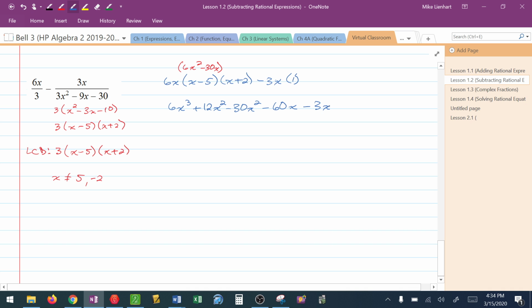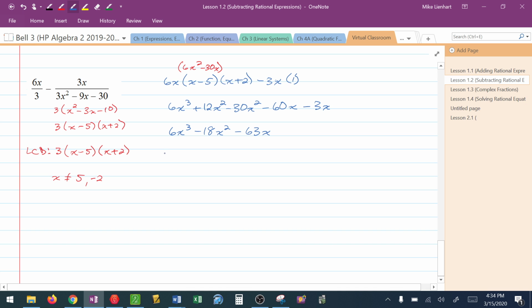Woo, lots of work on this one. So I've got 6x cubed. Combine my x squareds, that would be minus 18x squared. Combine my x's, that would be minus 63x. All right, I notice that I have a GCF here of, I'm thinking 6x, but 6 won't work with the 63.